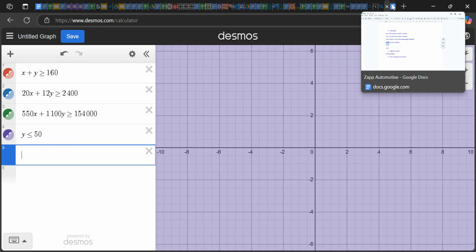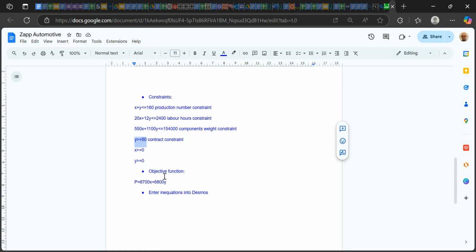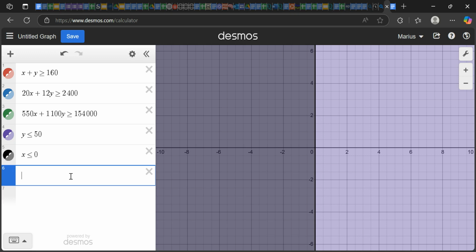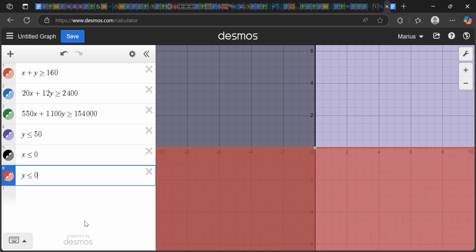And the last two are X and Y need to be greater than 0. So flipped is going to be X is less or equal to 0, and Y is less or equal to 0.